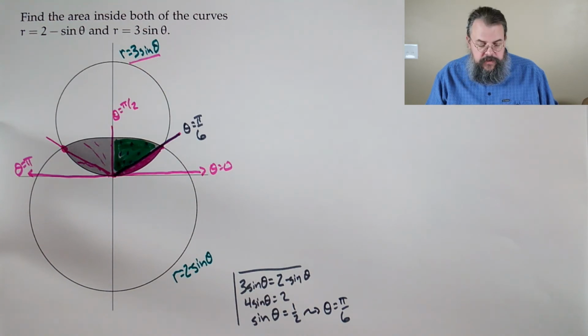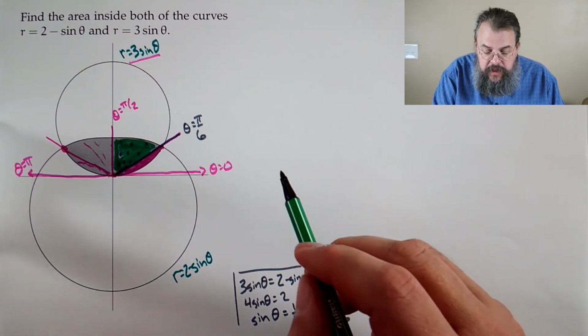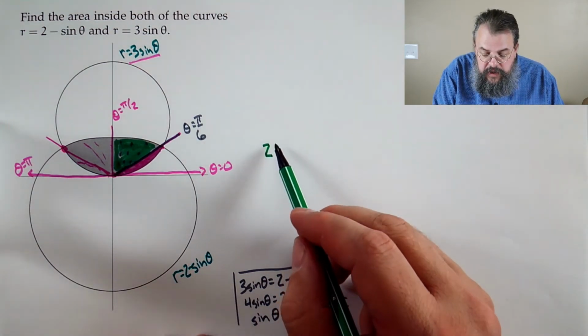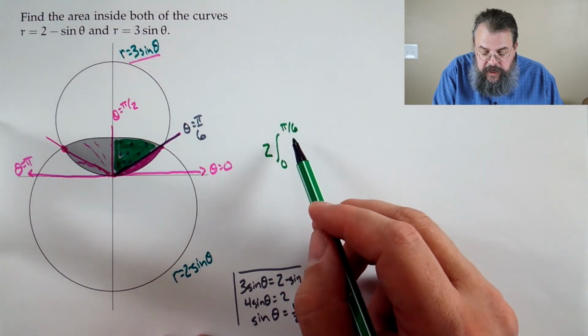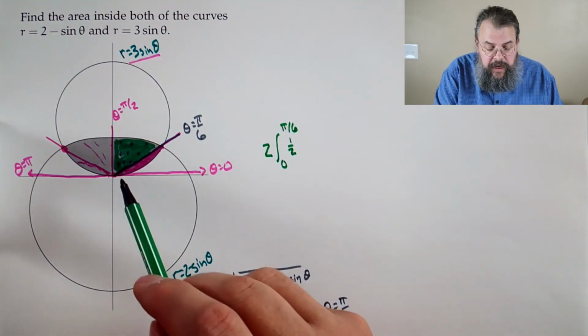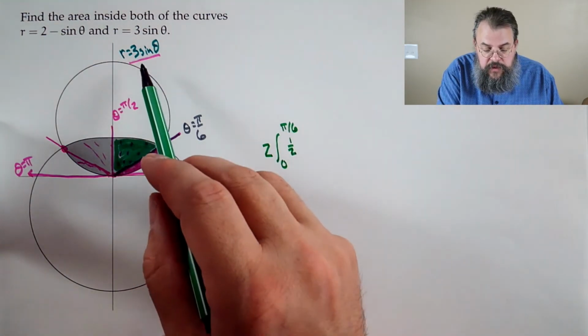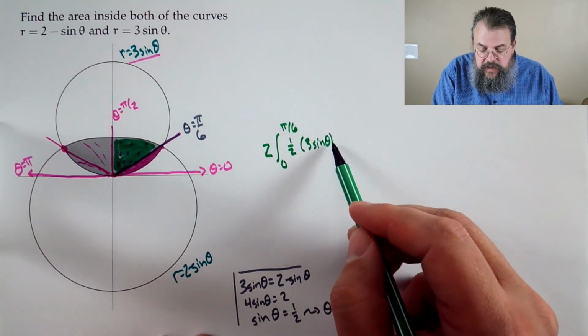So let's write them down. Again, remember there's 2 pieces, and then we're going to double each of them. So we're going to double the part from 0 up to pi over 6. And for that, you're going to have 1/2, because there's always a factor of a half. And we're going from 0 out to the circle, so (3 sine theta) squared.